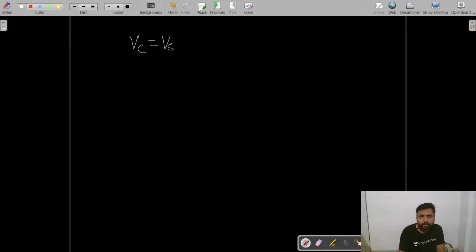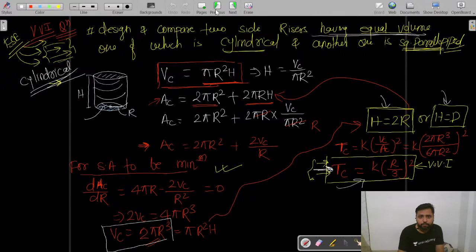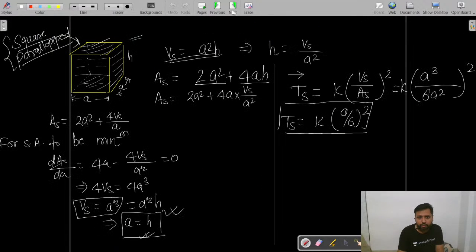Remember, for minimum surface area, this Vc was 2 pi r cube. Now look at this. Vc, 2 pi r cube, is equal to Vs. This is your Vs, A cube. Yes, this is equal to A cube.